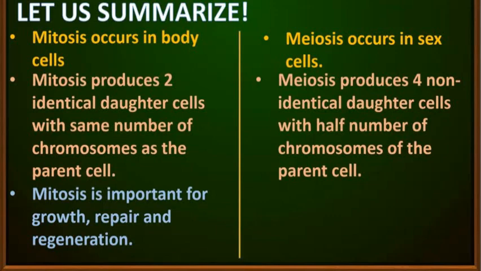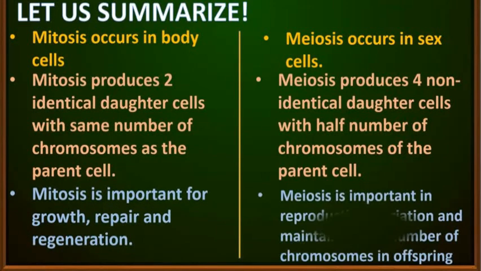Mitosis is important for growth, repair, and regeneration, while meiosis is important in reproduction, variation, and maintaining the number of chromosomes in offspring.